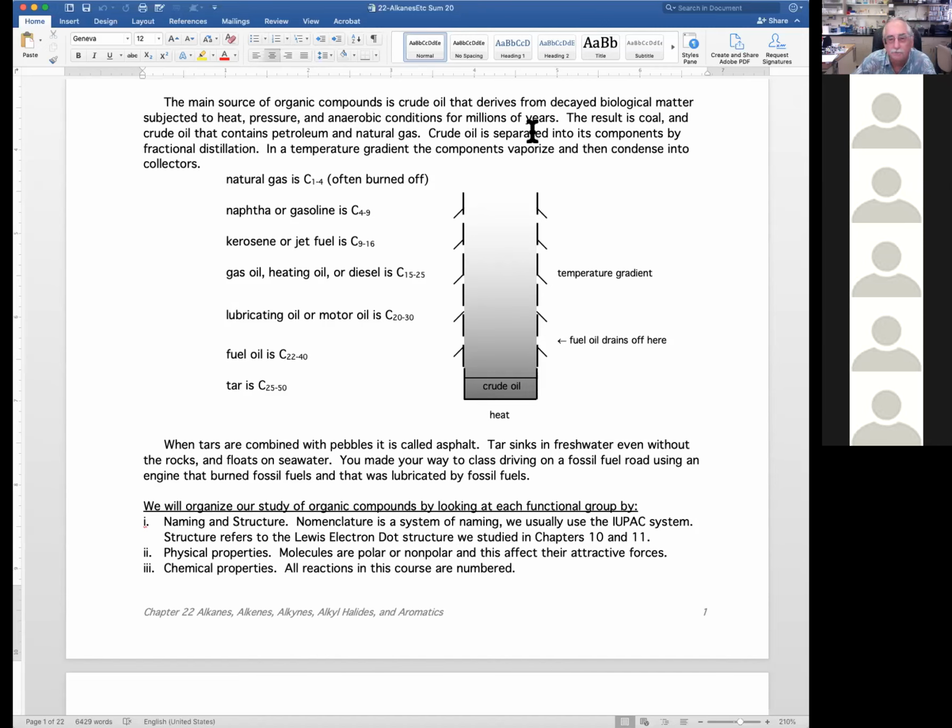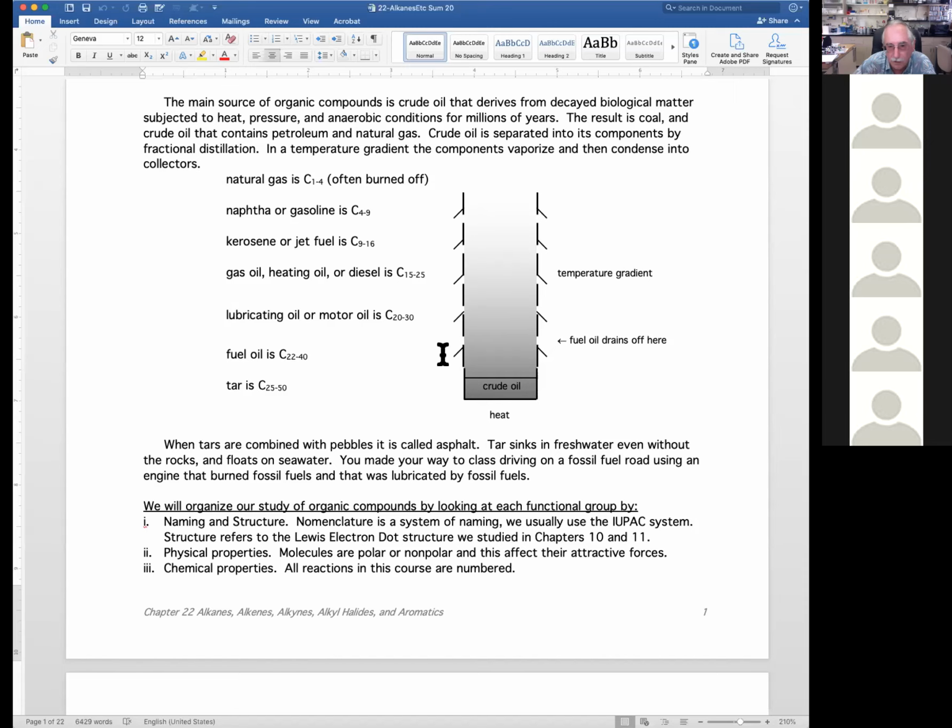So here's just a crude way to show you how we fractionate different grades. So tar is between 25 and 50 carbons all bonded together with appropriate number of hydrogens. And if I heat this up, some of the stuff will vaporize over here, and then some of it keeps going up, but some of it starts to condense right here.